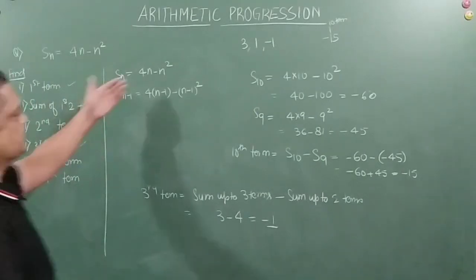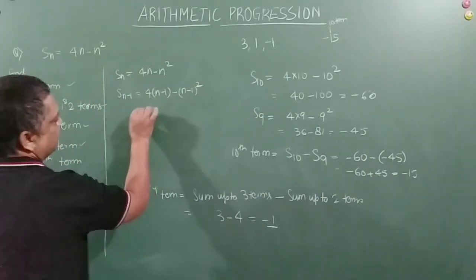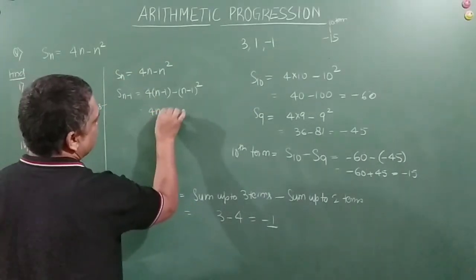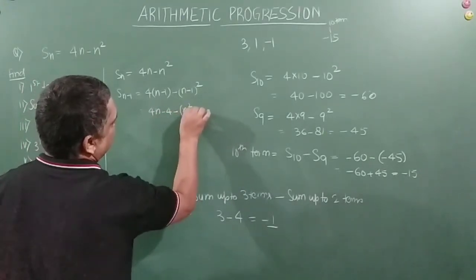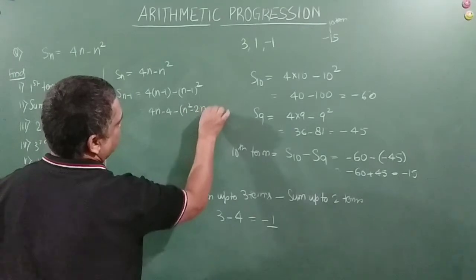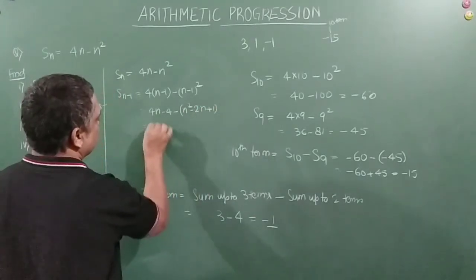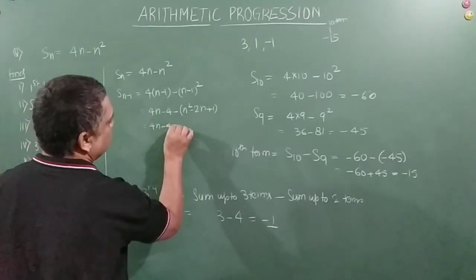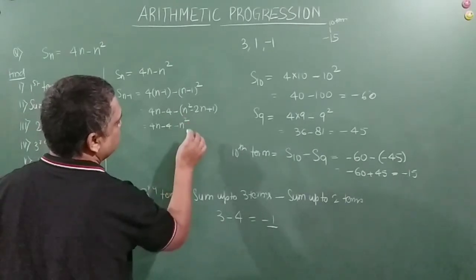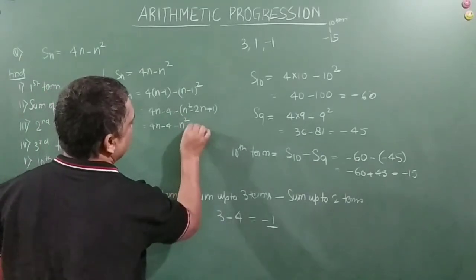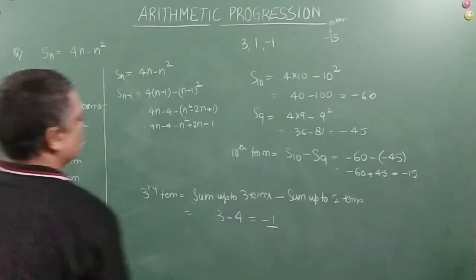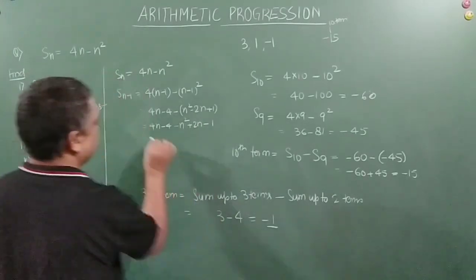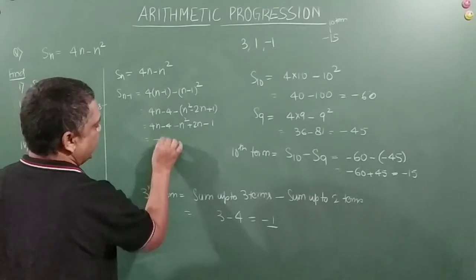I have just replaced n with n minus 1, right? So this becomes 4n minus 4 minus n square minus 2n plus 1, which is equal to 4n minus 4 minus n square plus 2n minus 1, right? So what happens, friends, here? Anything minus n square.